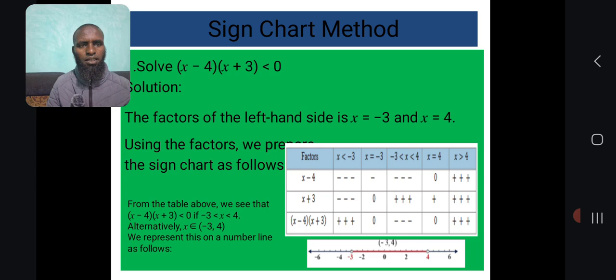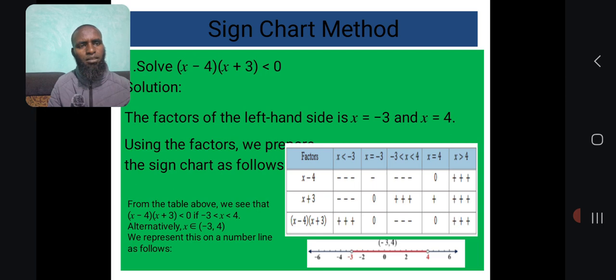In the x equals minus 3 column, we have negative times 0, which will be 0. In the column where minus 3 is less than x less than 4, between minus 3 and 4, we have negative and positive rows. Therefore, negative times positive will give us negative.